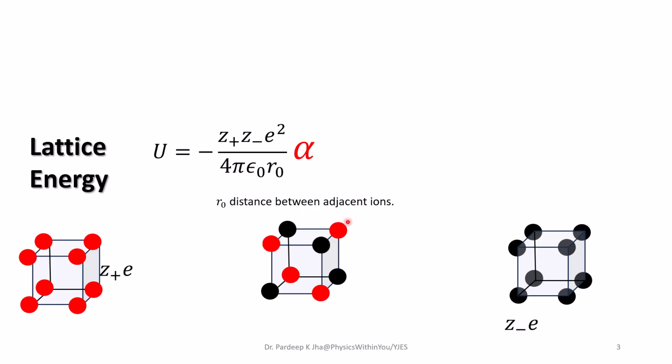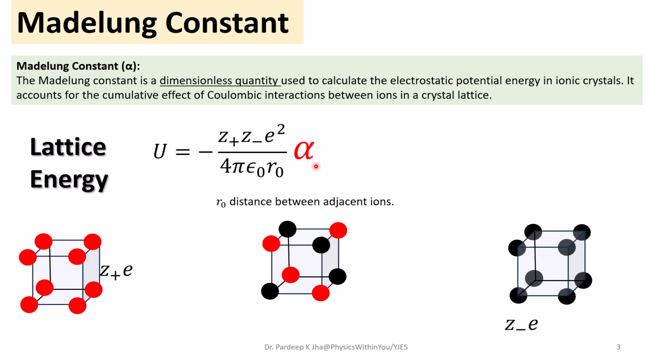The formation of this molecule occurs via lattice energy, which is purely electrostatic in nature in case of an ionic crystal. So that's U, right? Alpha is the Madelung constant.